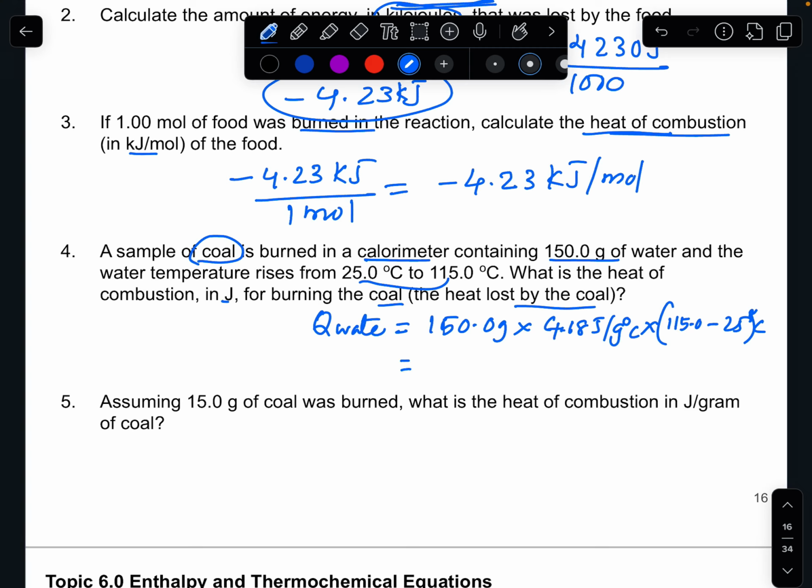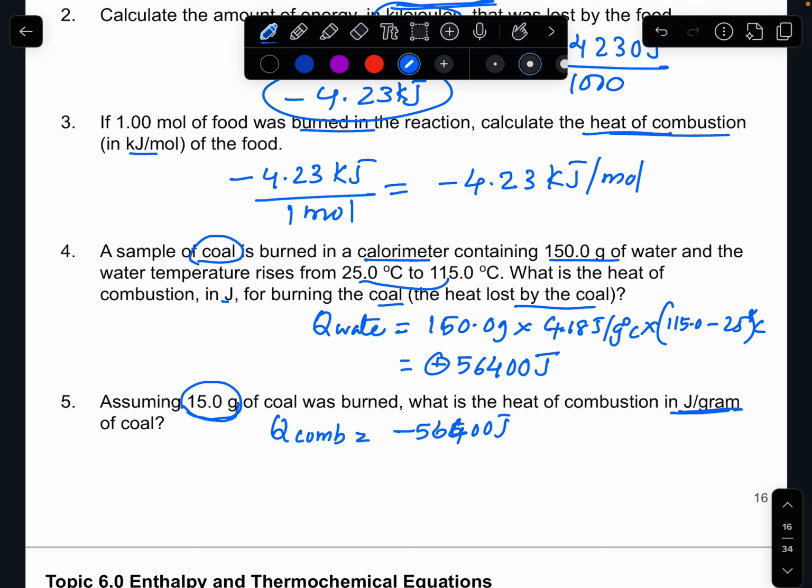Then you calculate, you will get 56,400 joules. Okay, so it's not negative, it's positive. Okay, so then Q of combustion is equal to negative 56,400 joules.